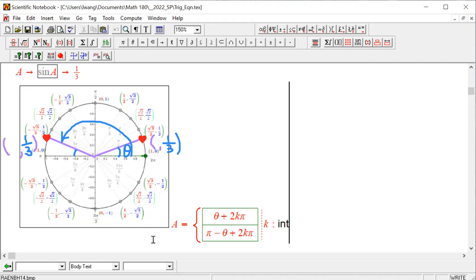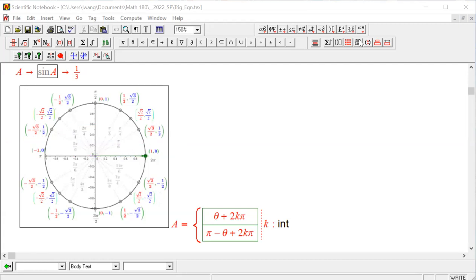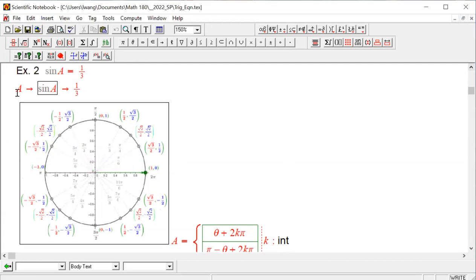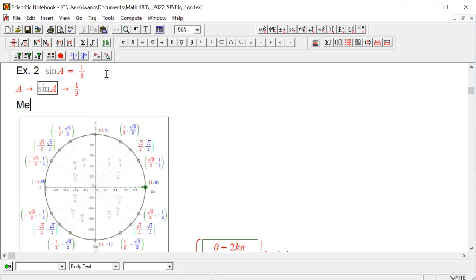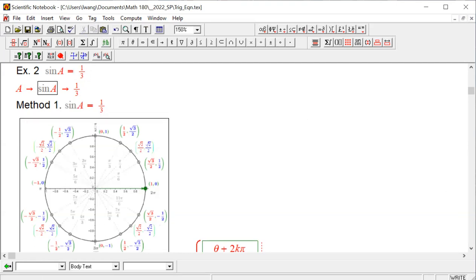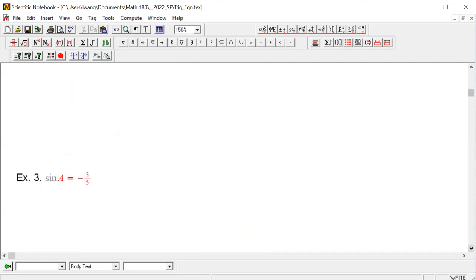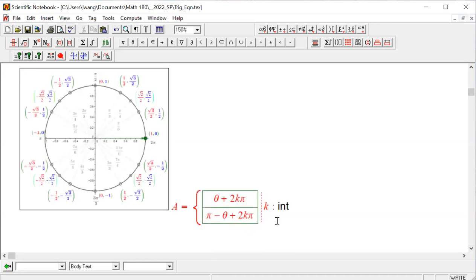So that's the first method. How about the second method? I'm going to move to the second method. Of course, we use the definition. So this is method 1. We solve this non-special case and we got the solution, and we also use arc sine.